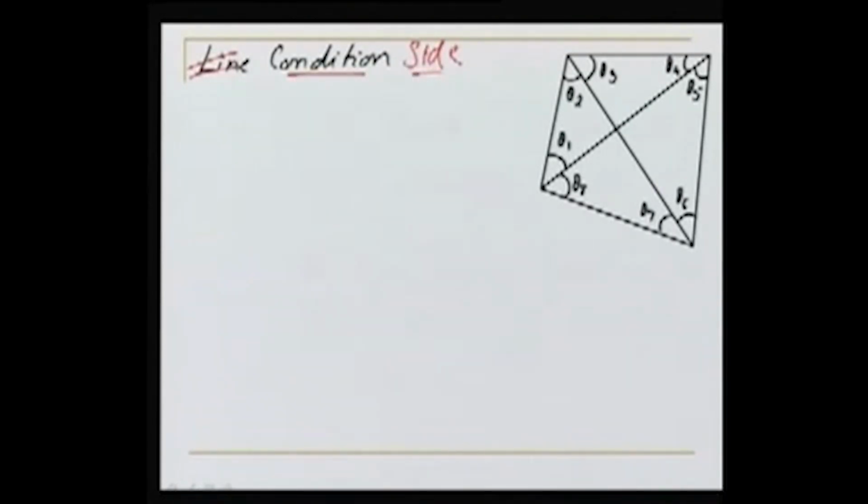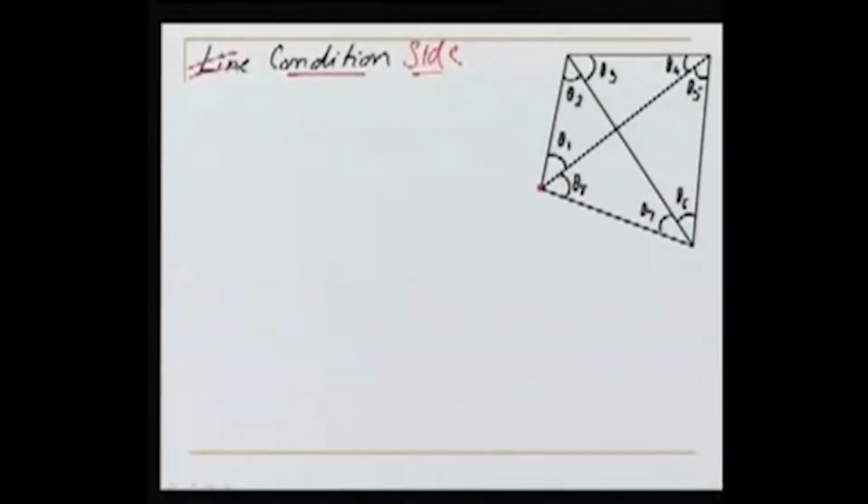Now what that side condition is, the side condition takes into account the length, or rather the figure is closed, because this figure needs to be a closed figure as it is in the field. In the field we have 4 stations, and those 4 stations form a closed figure. So we have to ensure that our angles are such that they form a closed figure.